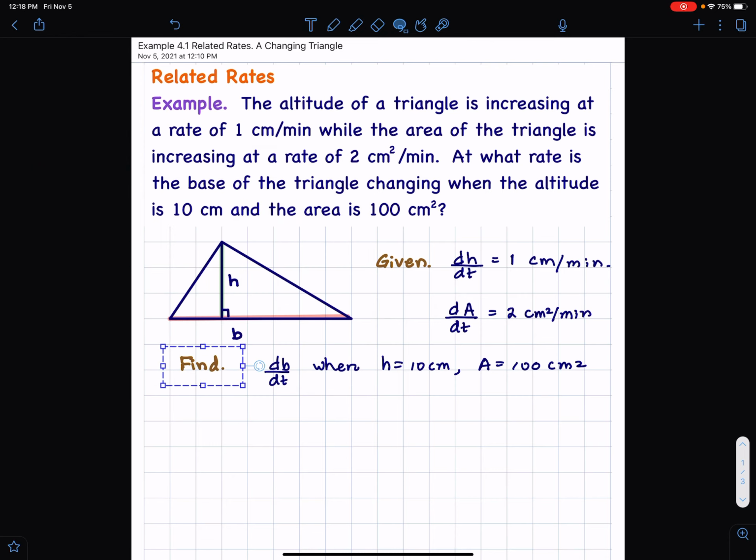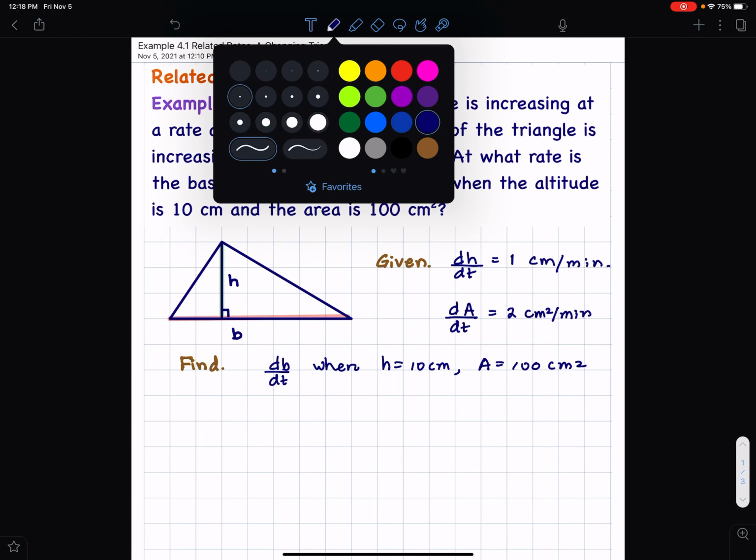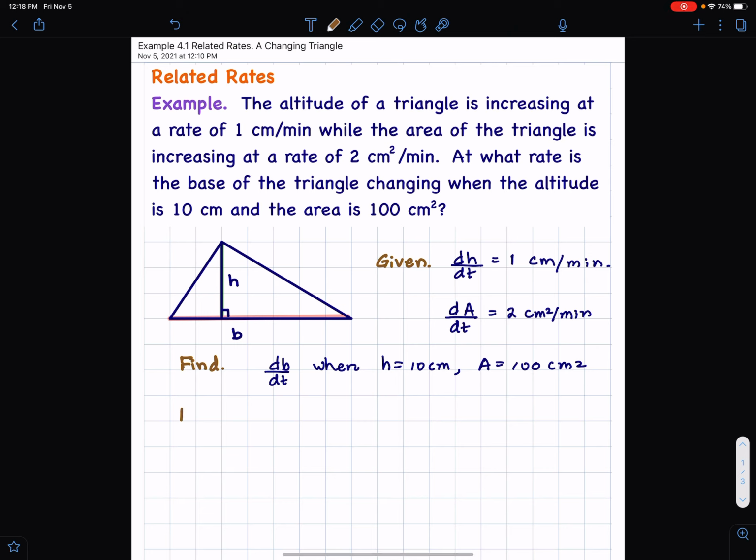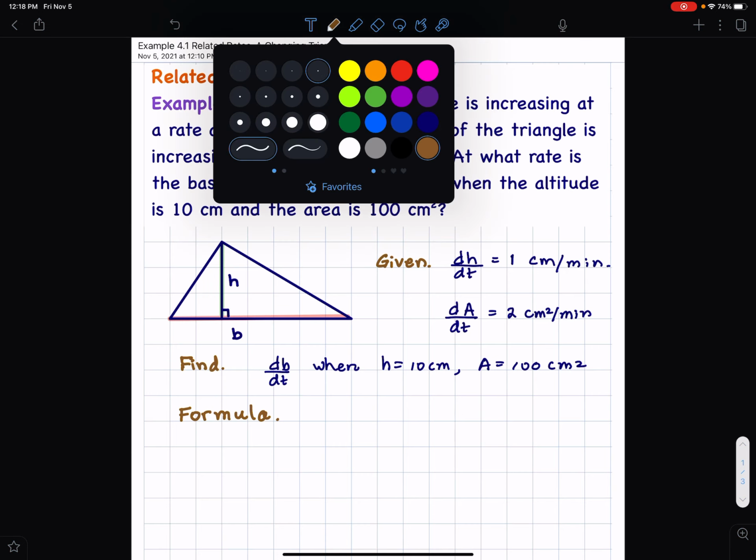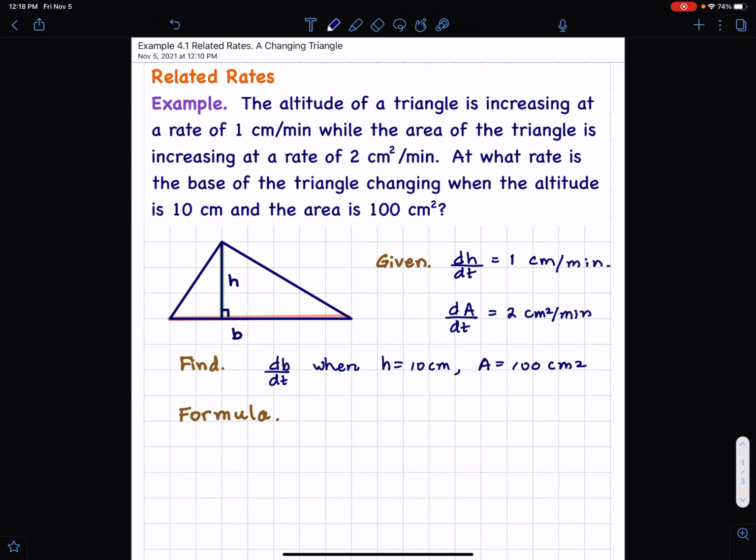Okay, so now what we're going to do is write down any formulas that we have. Well, we do have a formula that we know about for the area of a triangle. Where does that come from? Well, a triangle is half of a parallelogram. So that's where this formula is coming from. Area of a triangle: A for area is equal to what?